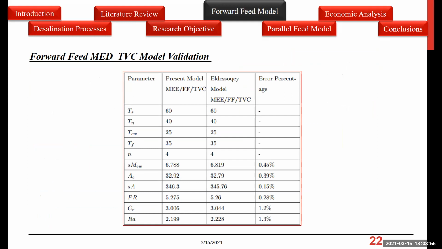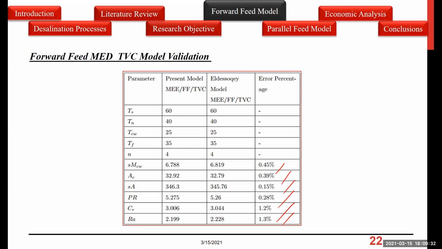Again, this work has been done, which means that equations have been built for that model. They are brought all together into the Engineering Equation Solver, and we could come up with a prediction of the performance of this unit, as you can see here, in terms of mass flow rate of the cooling water, surface area, specific heat transfer area, performance ratio, compression ratio, and RA, which is the ratio between m dot motive steam divided by m dot entrained vapor.